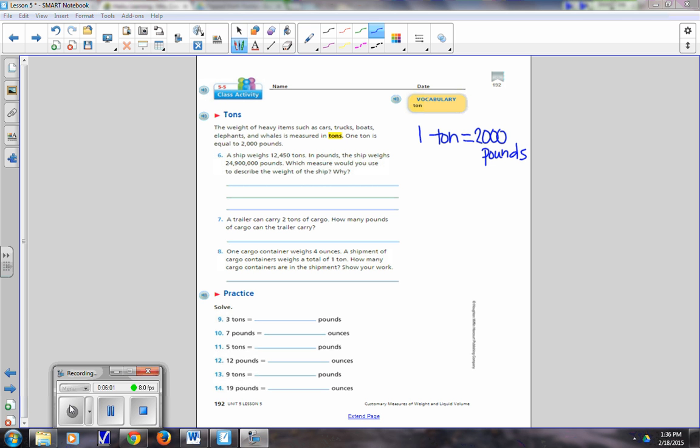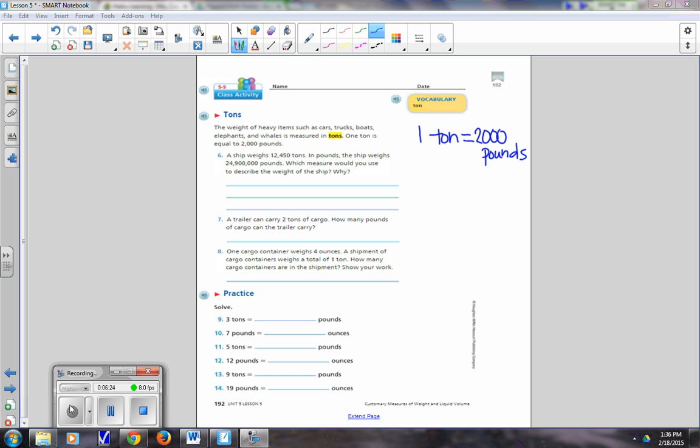Let's look at the first one. Heavy items: cars, trucks, boats, elephants, whales. Things that are over 2,000 pounds is probably when you want to start using the term ton. A ship weighs 12,450 tons.